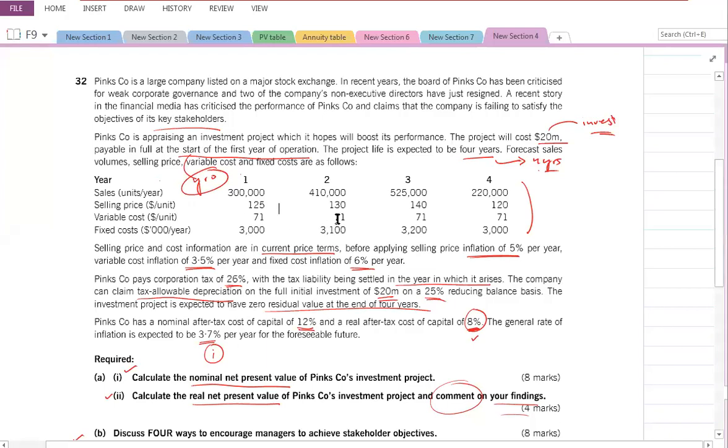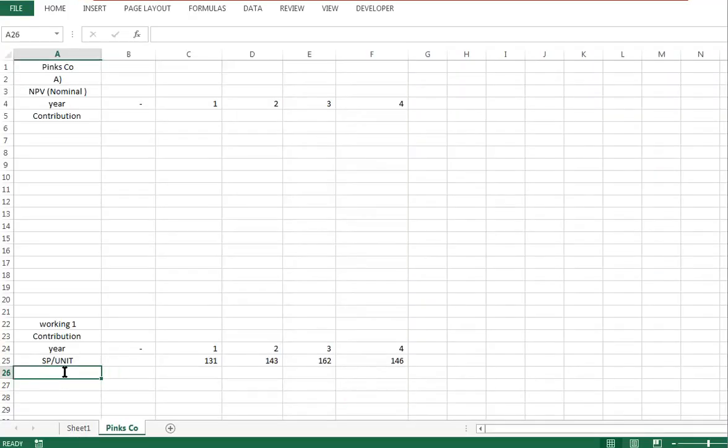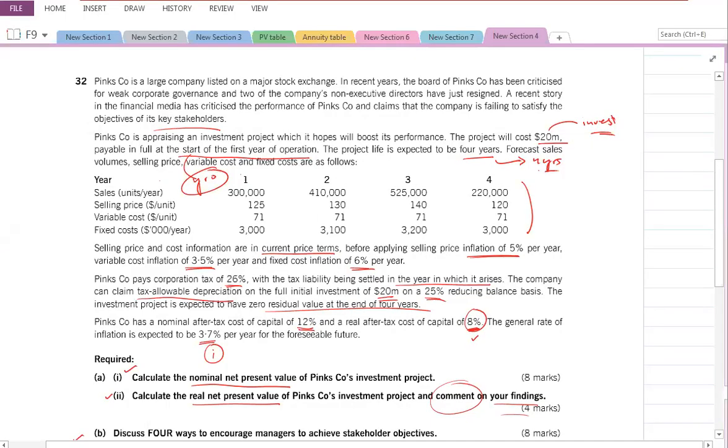Now, variable cost is 71 for all the 4 years and its inflation rate is 3.5%. So variable cost per unit, I'll say is equal to 71 into 1.035. Let's double check it, 3.5%.